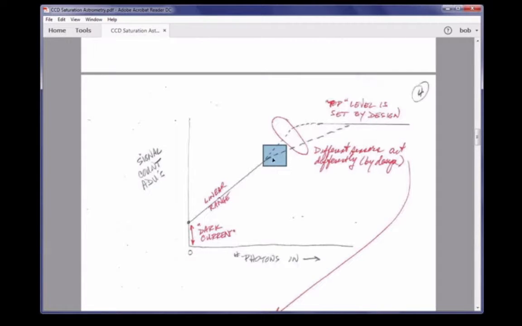If we're on the lower dashed curve, you'd want to be down here. If your sensor happens to operate on the upper dashed curve somewhere here, you want to stay away from the regions where you're nonlinear, because that'll distort all of your calculations of centroids and photometry. That makes sense? Yeah.